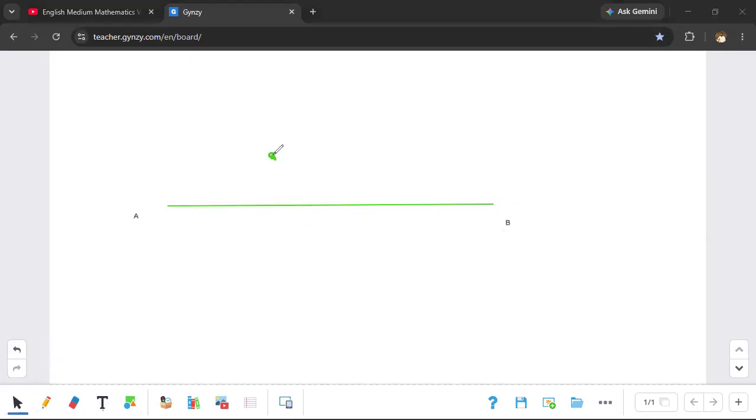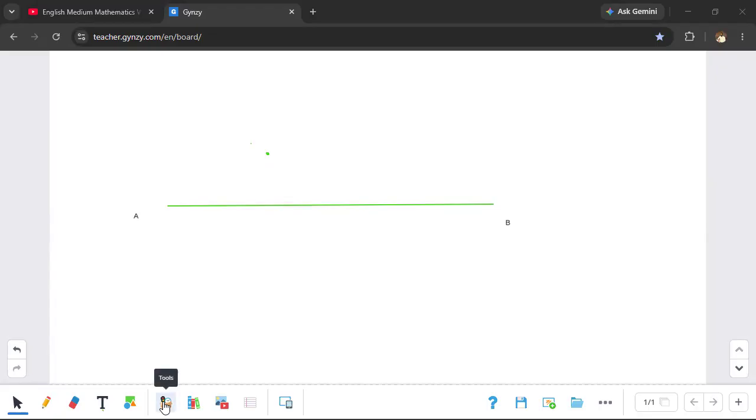This is my external point. From this external point, your goal is to draw a perpendicular line to this straight line AB. I am going to explain it step by step.